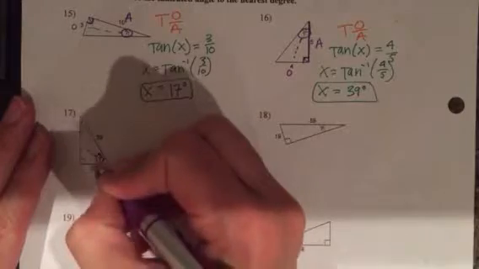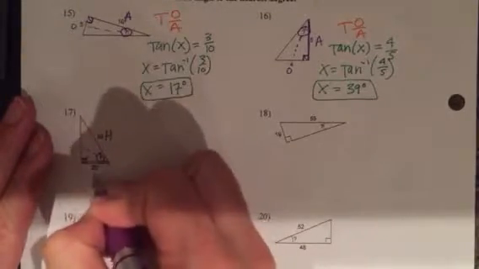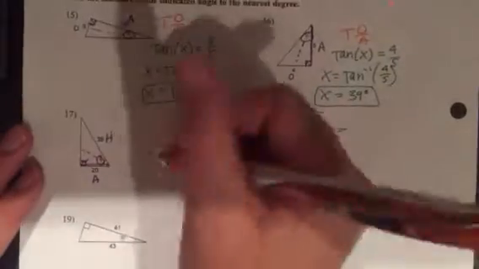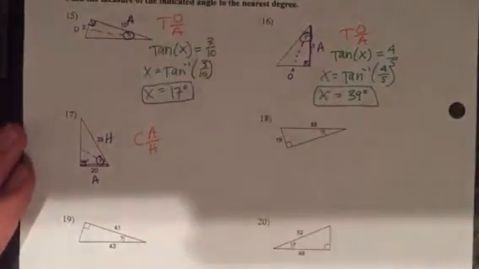There's no opposite, hypotenuse, between the angles is the adjacent. We are using cosine.